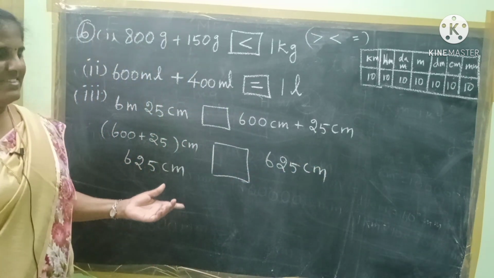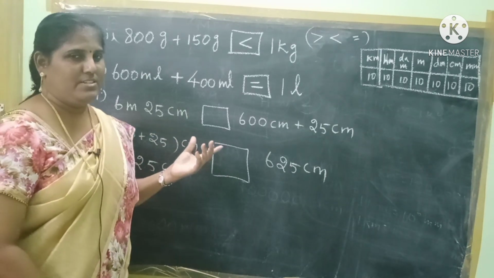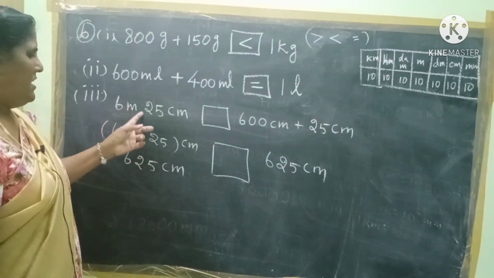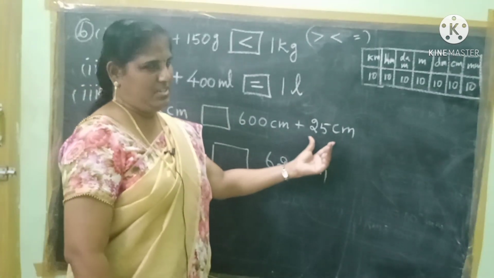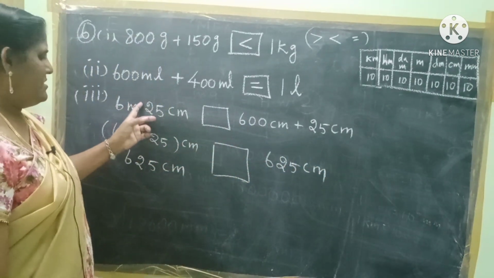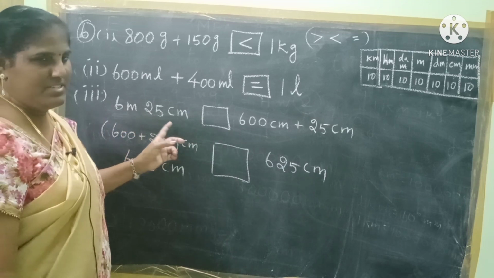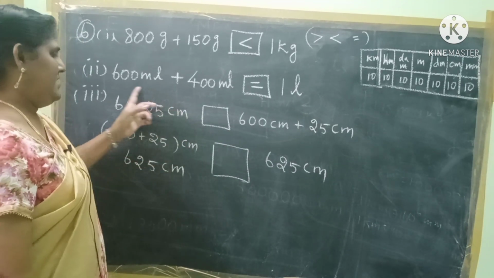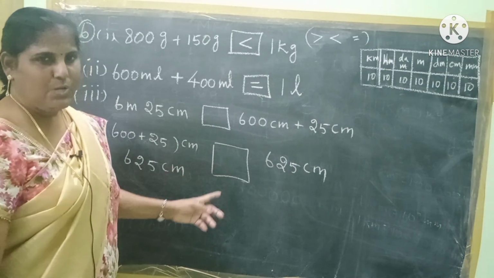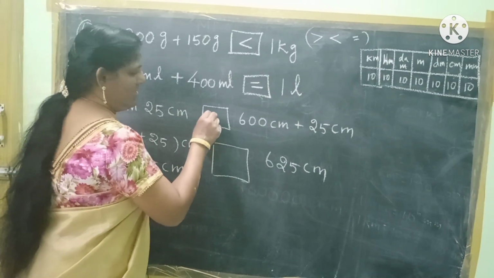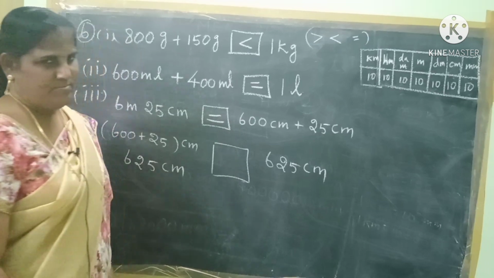Here they have given one twist question. The same question, 600 centimeter, 25 centimeter given, and here 6 meter and 25 centimeter, 625 centimeter. So both the answers are equal. So what will come here? Equal.